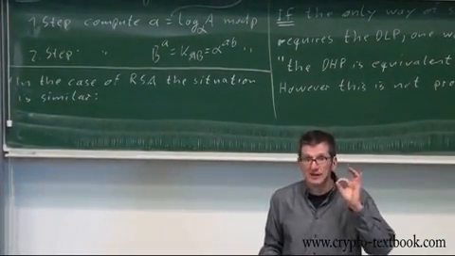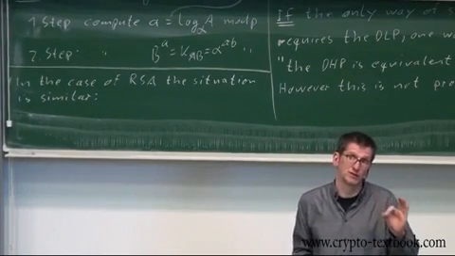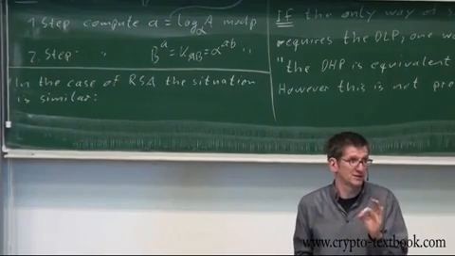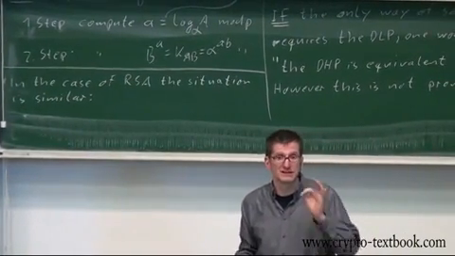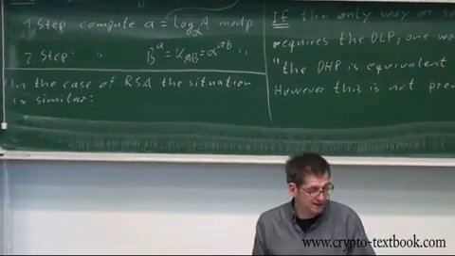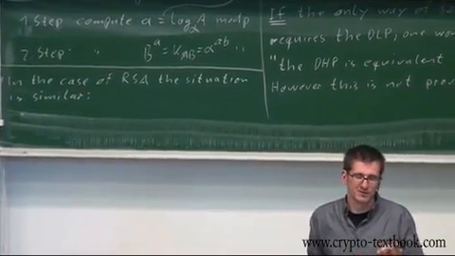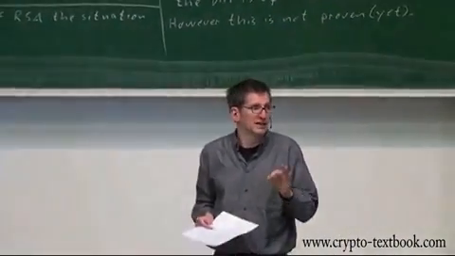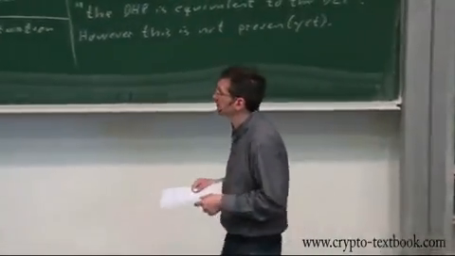Factorization. But here it's even more extreme. From a theoretical point of view, it is absolutely not clear that this is the best possible attack or the only attack. Right now we don't know any better attack, but if you go back in our textbook, you'll see that we don't really have to factor. We have to compute Euler's phi function, and it's not clear that this really requires factoring. Okay.